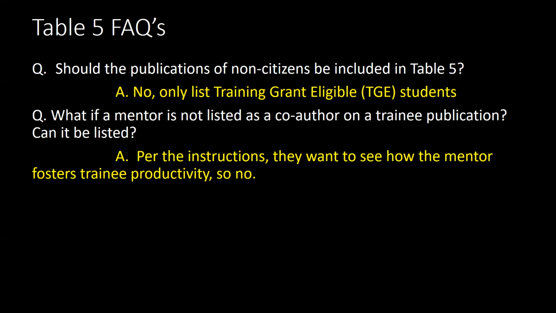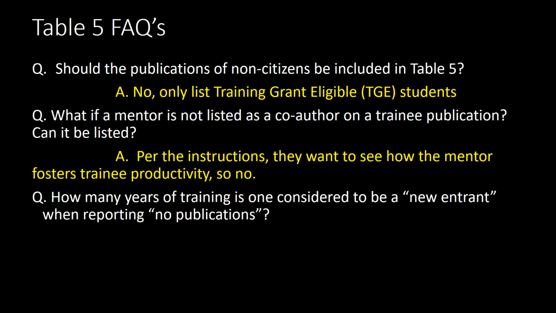So no. They want to see the productivity of the mentor. If PIs push back on me, I'll send them the instructions and say, look, this is the whole objective of this table. It's not necessarily the trainee productivity, it's the productivity of the mentor.